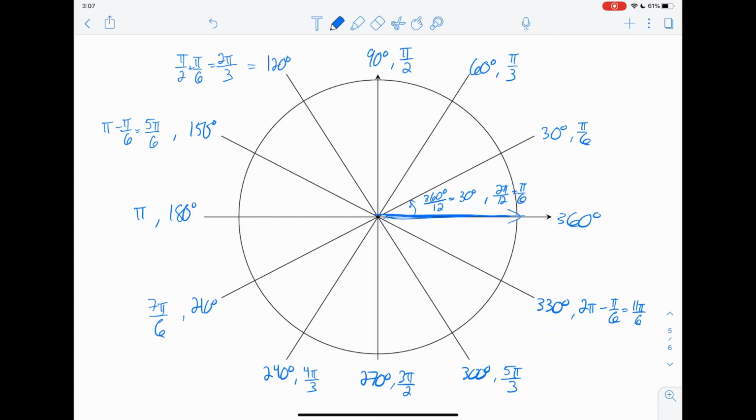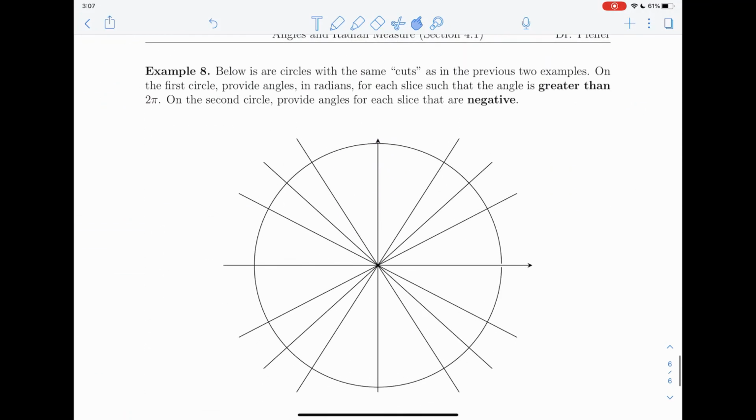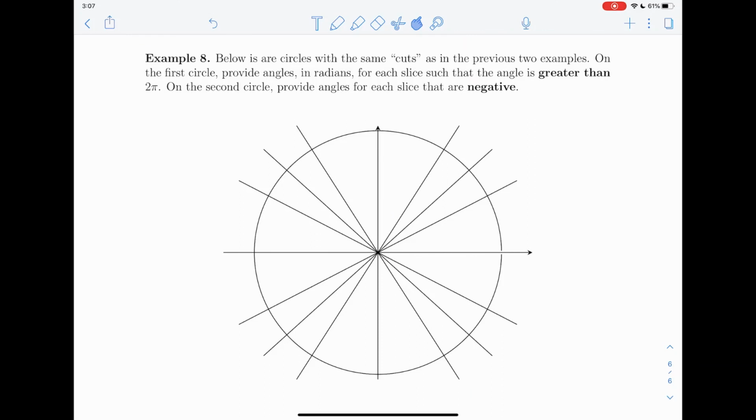Now, the remainder of this handout has us take a look at these pie slices, but with the 8 cuts as well as the 12 cuts overlaid on the same unit circle. And what I'd like you to do is take the knowledge that we've developed so far, take a look at these pie slices.